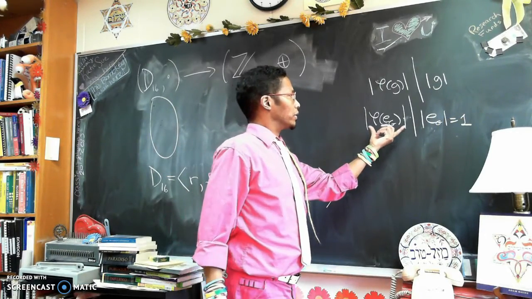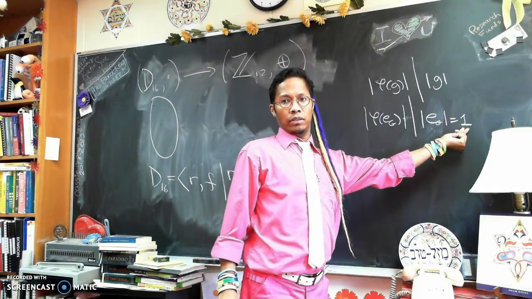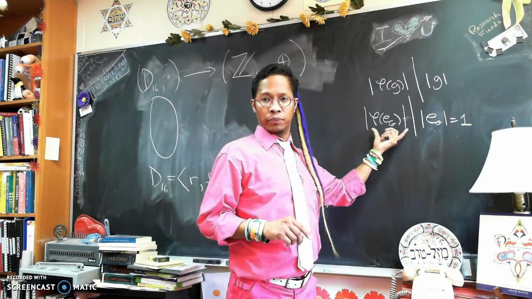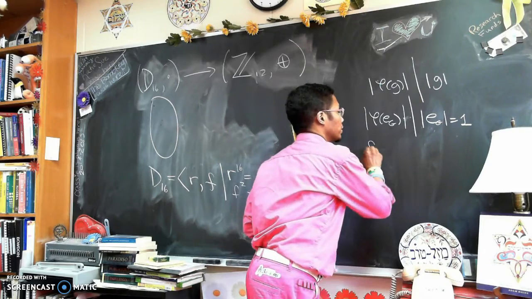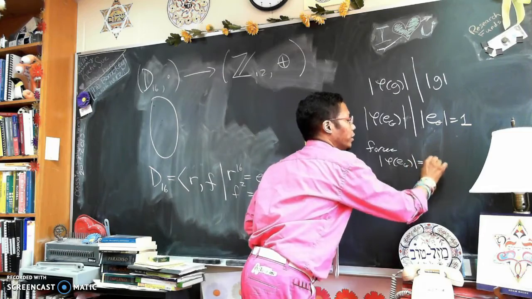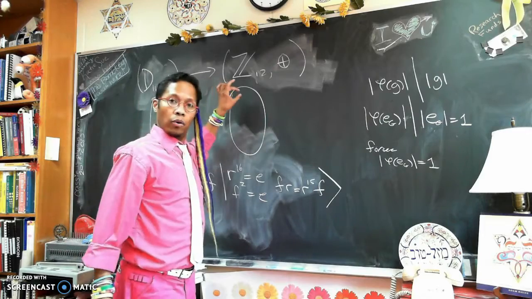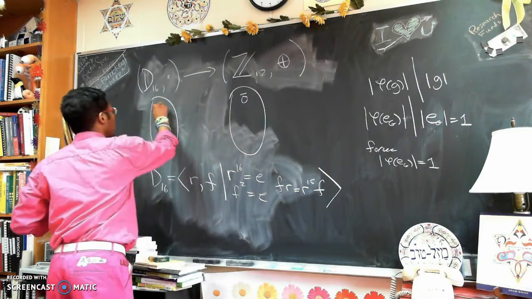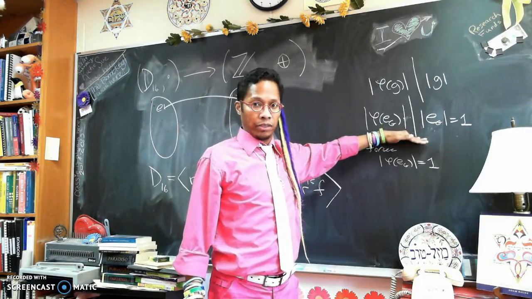So the order of the image of the identity must divide the number 1. So there's only one choice for this order, because the order has to be a positive integer that divides 1. That forces the order of the image of the identity to exactly equal 1. There's only one thing on the right side that has order 1, and that's the identity. But we already knew that. Homomorphisms take the identity here to the identity here. But this is one of the overwhelming reasons why that must occur.